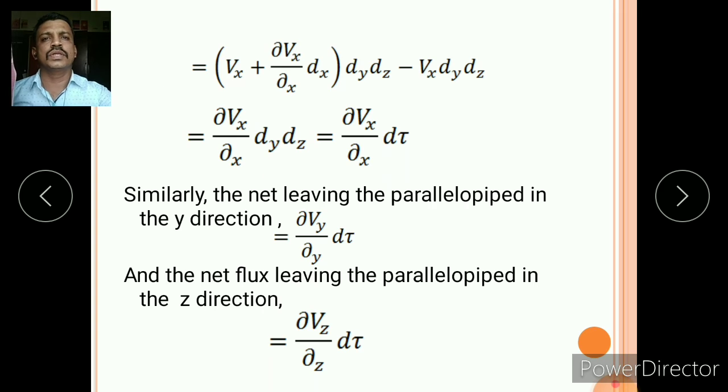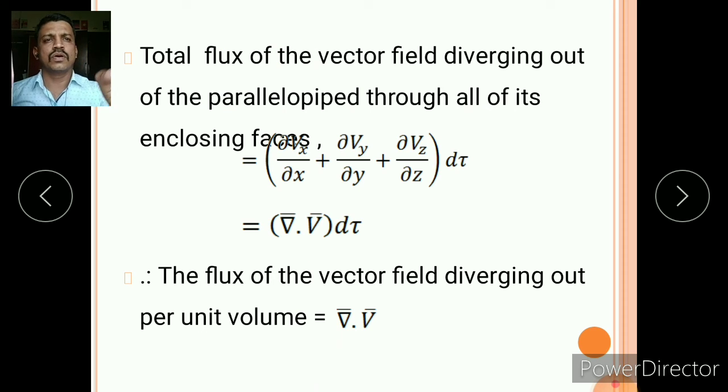The total flux of the vector field diverging out of the parallelepiped through all of its enclosing faces is ∂Vx/∂x plus ∂Vy/∂y plus ∂Vz/∂z, that into d tau.